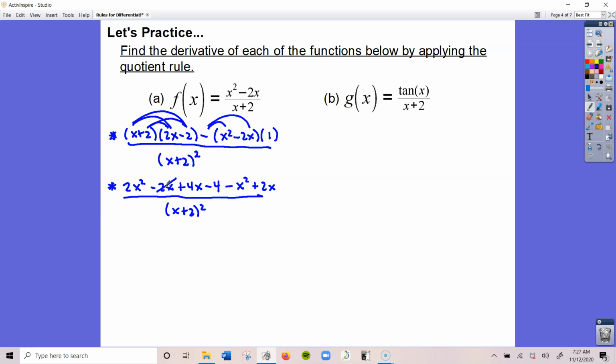Now here I have this negative 2x and this positive 2x, so that will cancel out. So our final answer, f prime of x, is going to equal x squared plus 4x minus 4 all over x plus 2 squared.